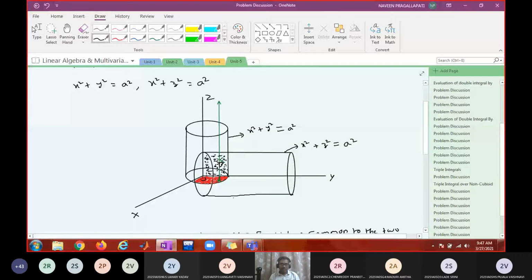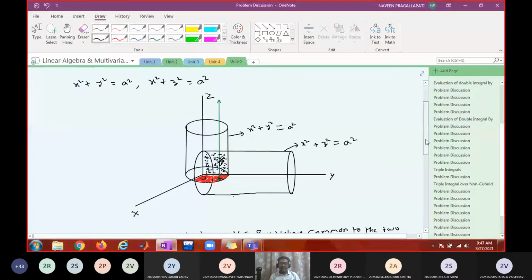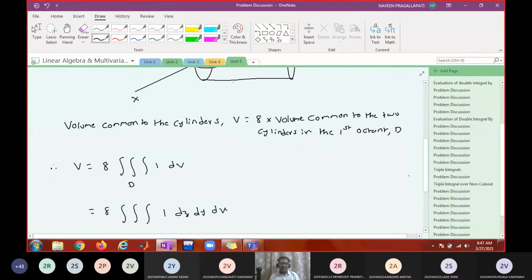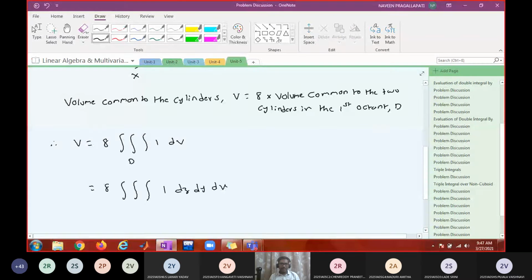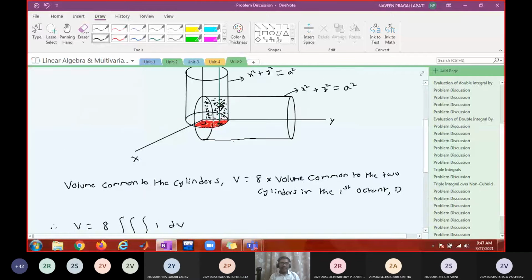Yes, sir. So the line is starting from the xy plane and leaving through the horizontal cylinder. So what is the value of z on the horizontal cylinder? Root over a square minus x square, because z is positive. And the remaining limits, let me call it Rxy.